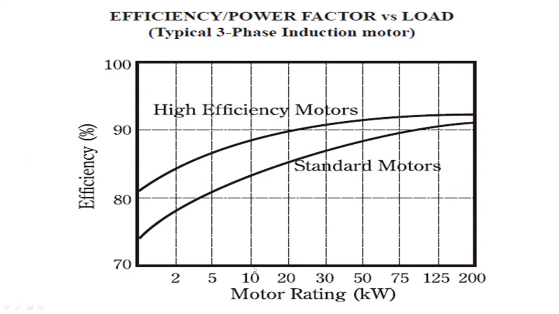That's the reason when we have a 10 kilowatt load, the motor has to be rated at 10 kilowatt, and we should not use a 50 kilowatt motor at 10 kilowatt rating. This is for a typical three-phase induction motor, the efficiency and power factor versus load. So every motor has always to be rated or loaded at its highest rating. That is very, very important.